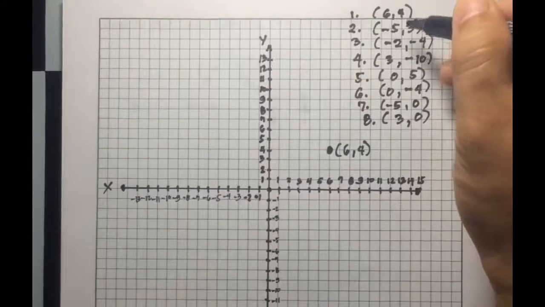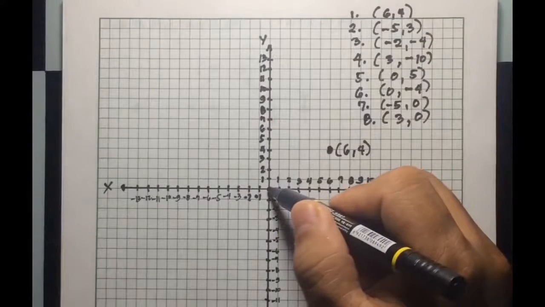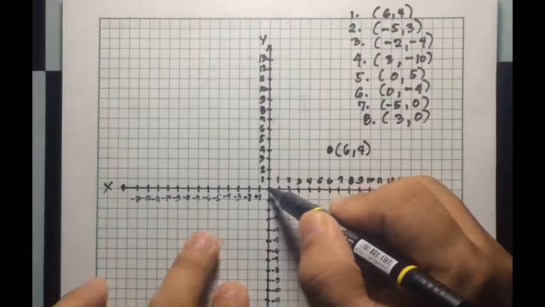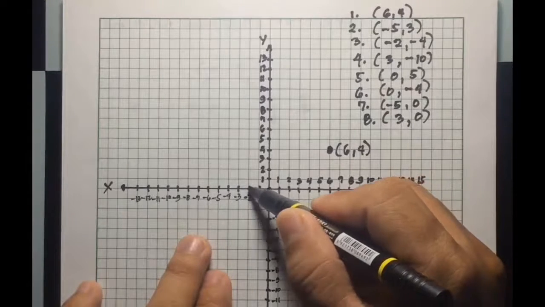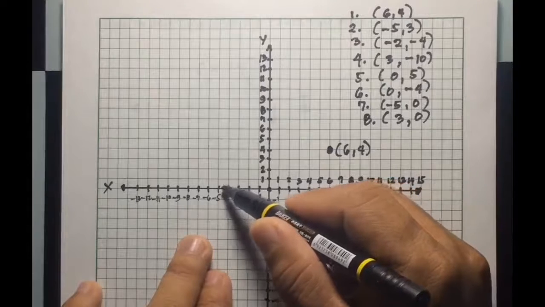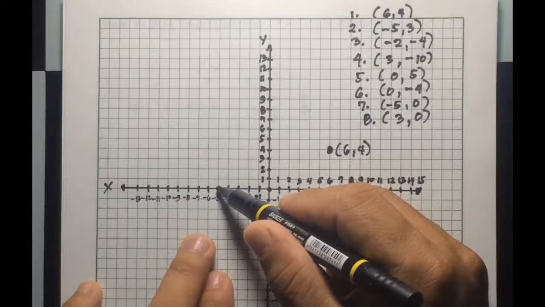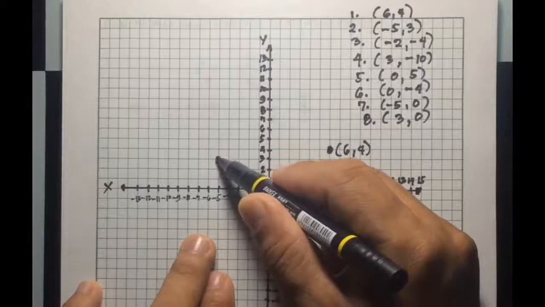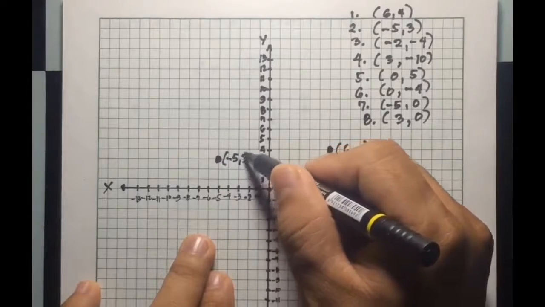For number 2, point negative 5, 3. So the starting point in here, 0. x is negative 5. So what you're going to do is move towards the left: 1, 2, 3, 4, 5. Then y is 3, so positive. So you're going to move up 3 units: 1, 2, 3. So this is point negative 5, 3.